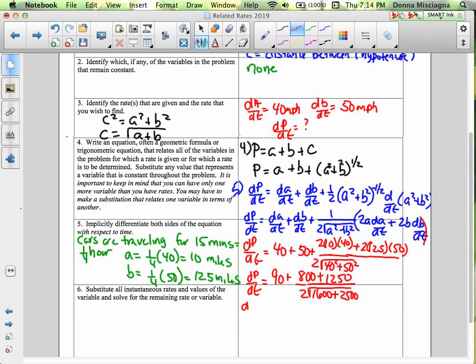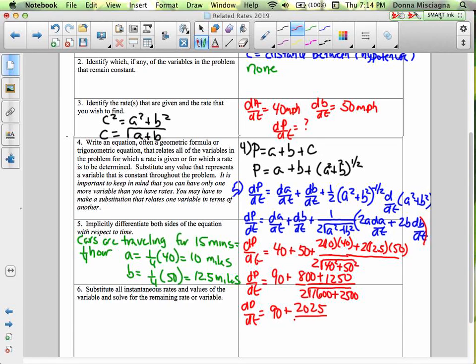So dP/dt equals 90 plus, calculator time. All right, so in the numerator we've got 2025.